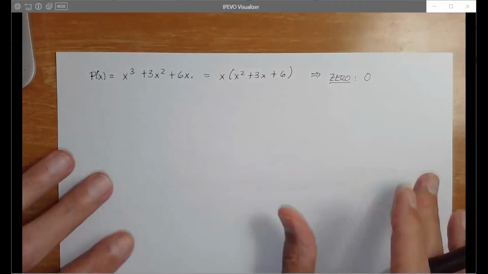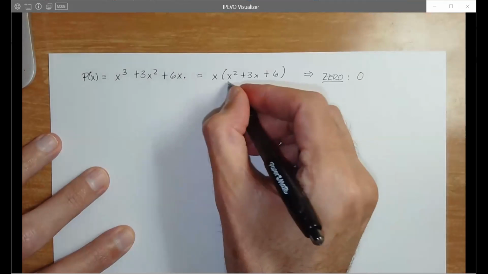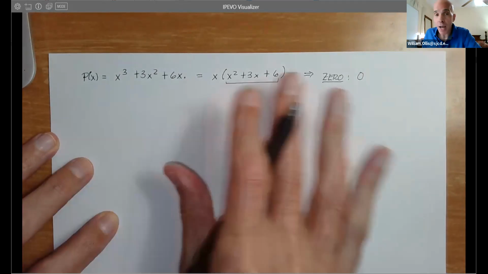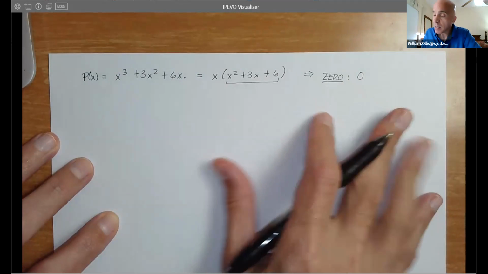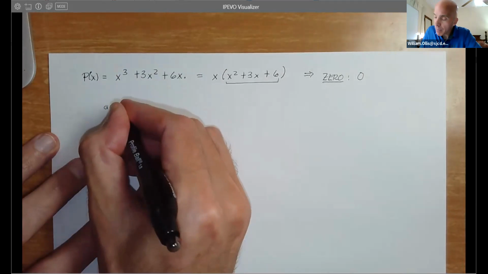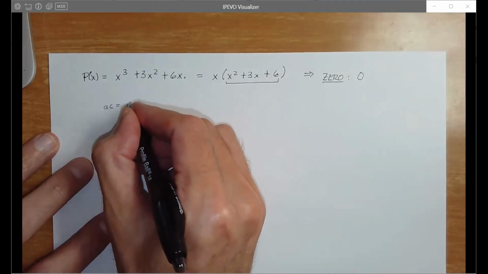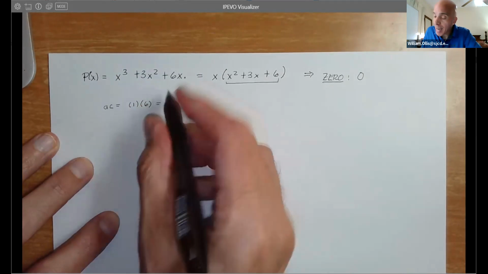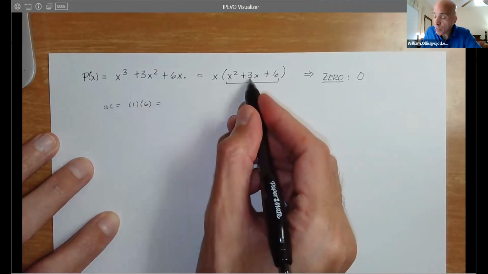Okay, now look, everybody. This is quadratic. So now what we want to use is our knowledge of the quadratic equation. Now, if you look at this and we try AC, can I rewrite this in a way to get a 3?